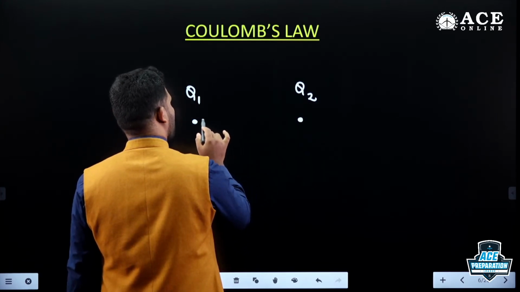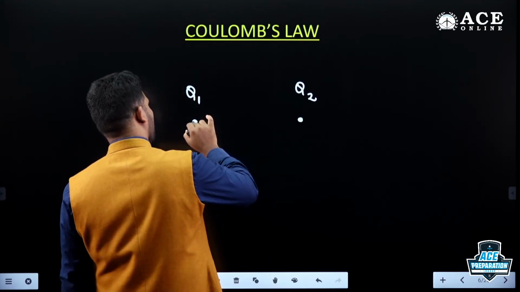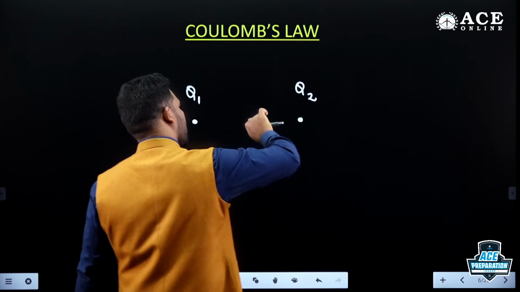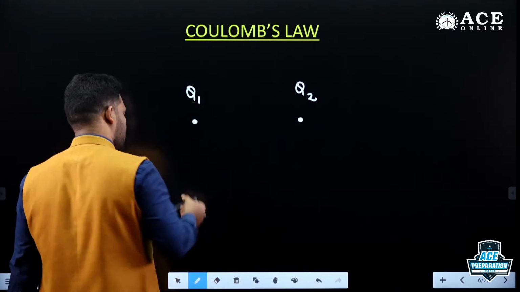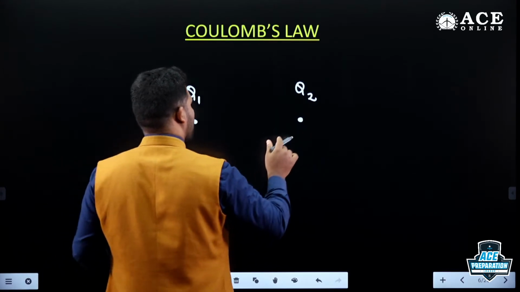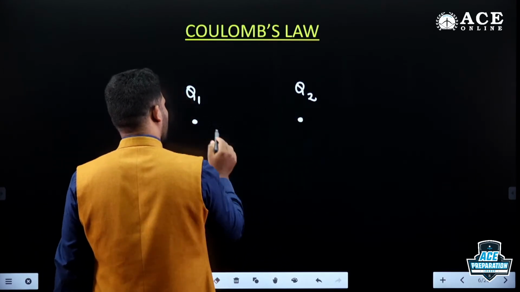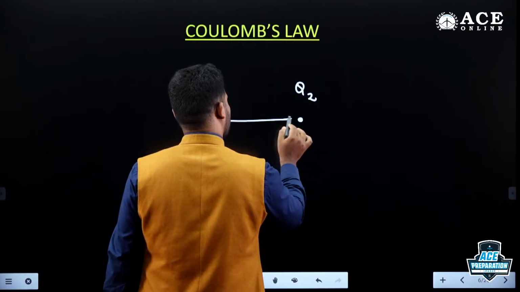They will exert force on each other. This one exerts force on that one in this direction, and that one exerts force on this one in this direction. For the time being, let us consider only the force on this one due to that one. What is the force direction? It is along the line joining the 2 points.